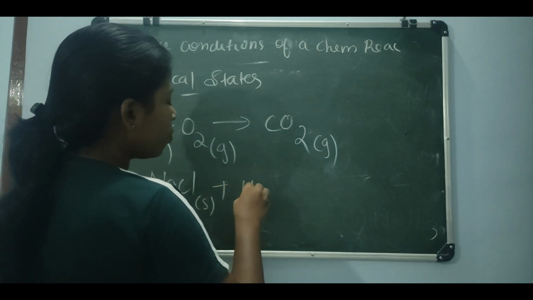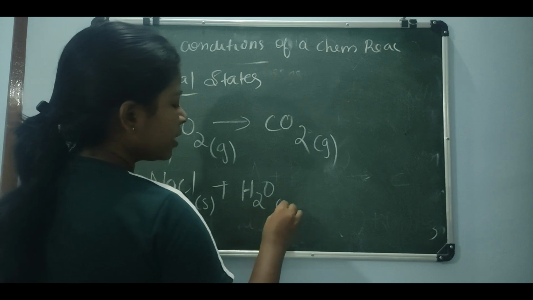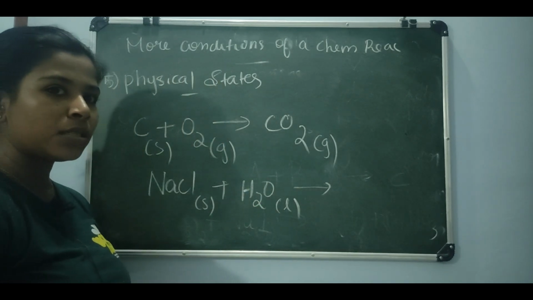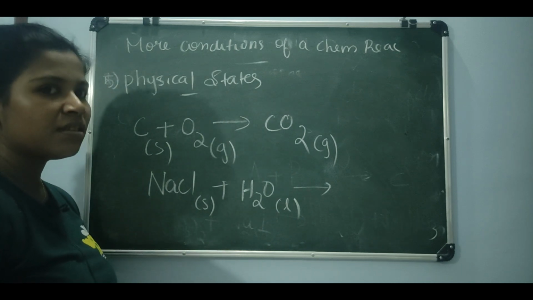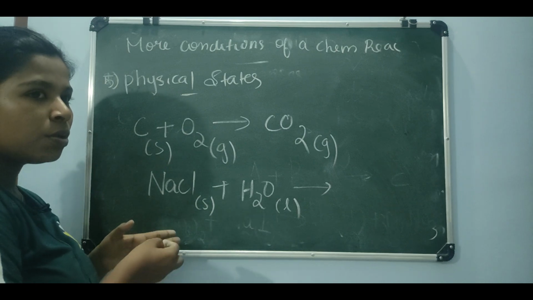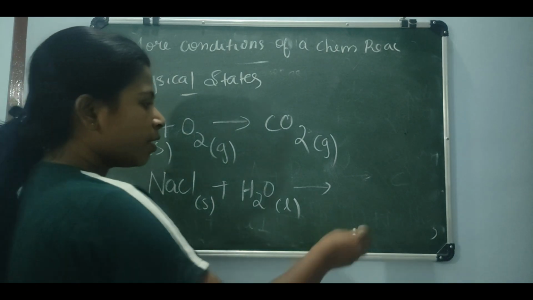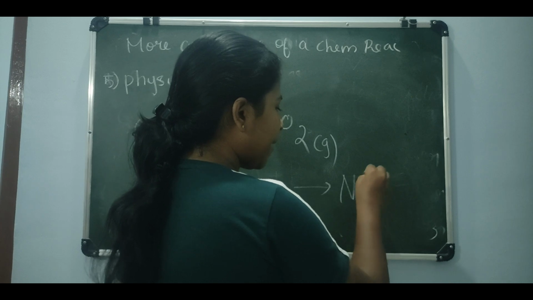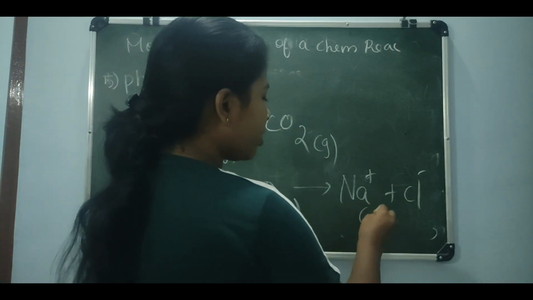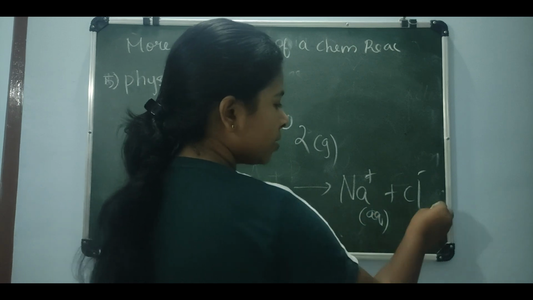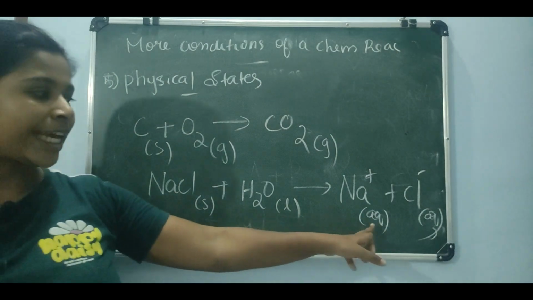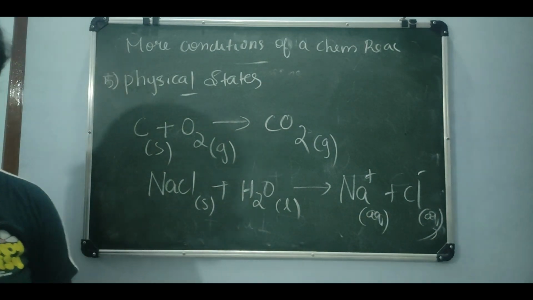It's combining with water, H2O, which is liquid. If you are putting salt in water, what happens? Salt solution is formed, right? Last year in class 9th you studied about ions, right? Sodium ion Na plus and Cl minus is formed. This will be aqueous. This will also be aqueous. Means what? They are the solutions. Aqueous means solution with water.